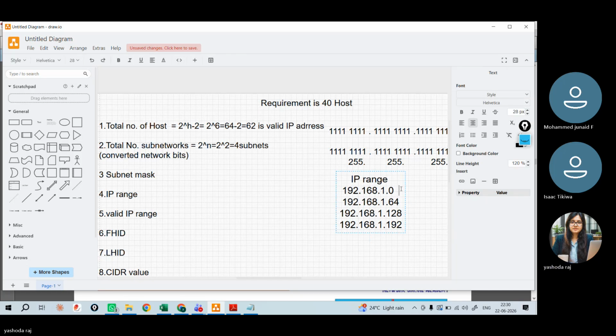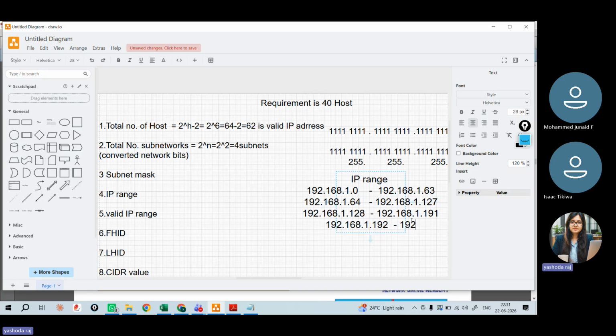Now 192.168.1.63. 192.168.1.127 is the last IP. 192.168.1.191. 192.168.1.255.